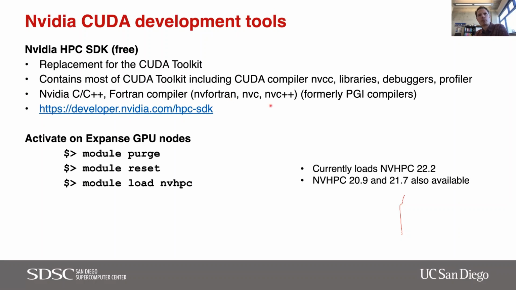Those compilers are basically what used to be the PGI compilers, because PGI was acquired by NVIDIA a few years ago. You can get that for free from this link here. Similar to the CUDA toolkit, if you want to load that, you just say module load NV HPC. That currently loads version 22.2, but there are older versions also available if you need that for some reason, for compatibility reasons, for instance.